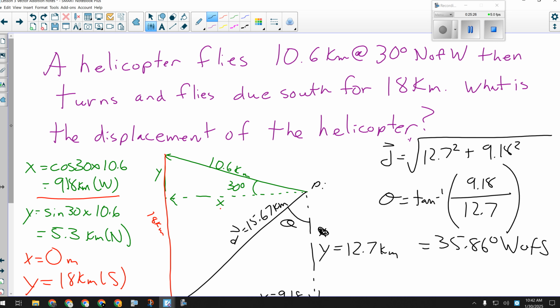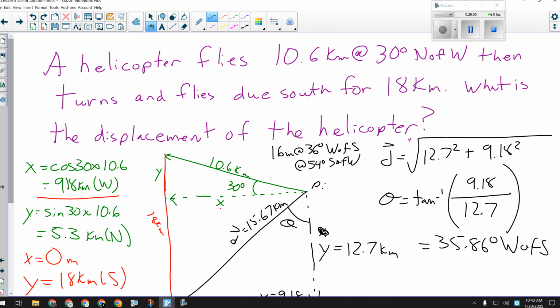All right, so my final answer then should be 16 kilometers at 36 degrees west of south, or at 54 degrees south of west. Sorry, not 57, 54. I can really math on this.